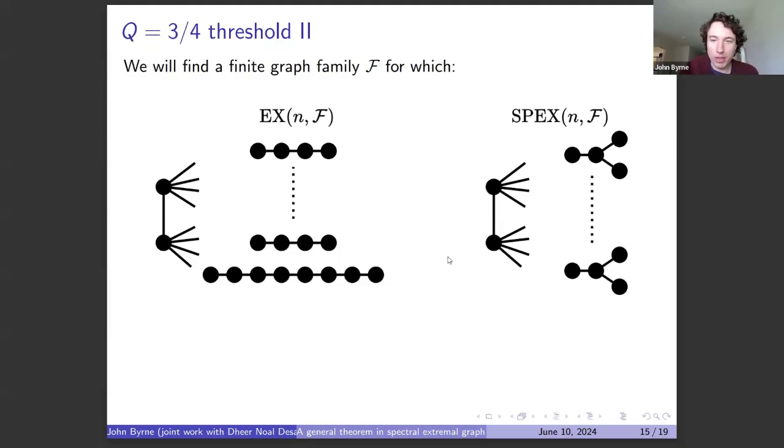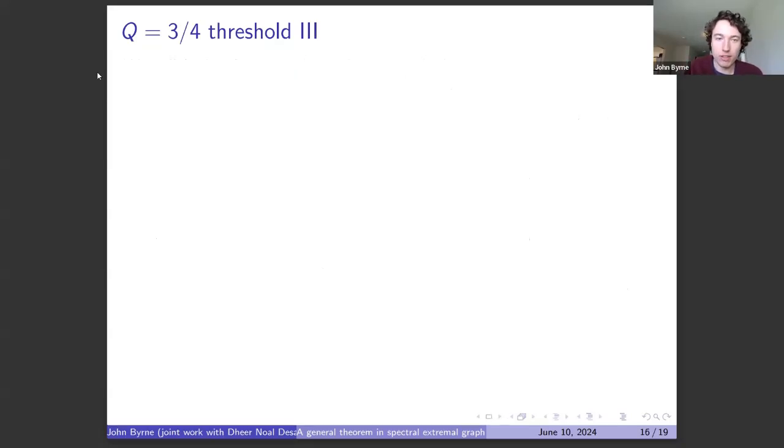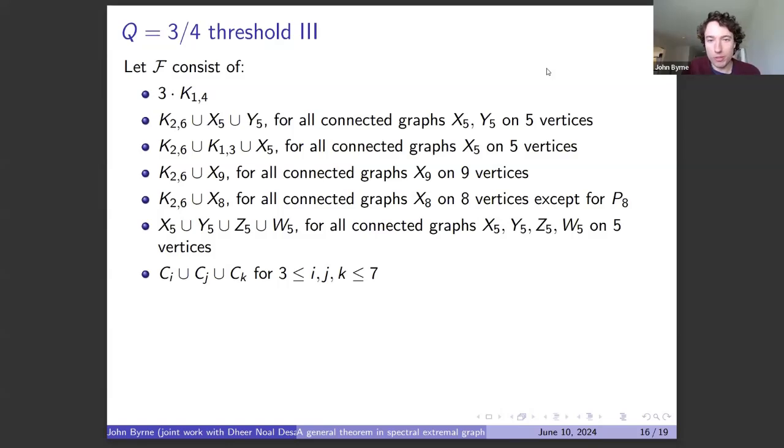So what is the forbidden family F, which generates these two extremal graphs? Well, I wasn't going for efficiency, but it turns out that if we forbid these several hundred graphs, it's pretty easy to show that the two graphs are the claimed extremal graphs. So we're sort of artificially forcing the problem to be easy.